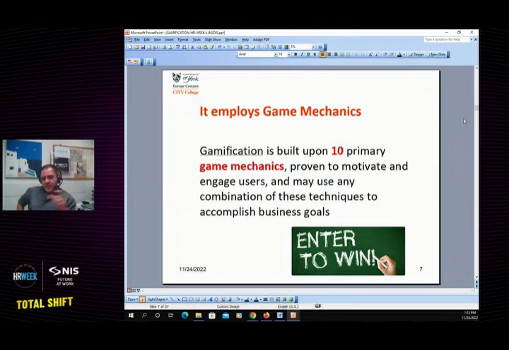Gamification is built upon 10 primary game mechanics, proven to motivate and engage users, and we may use any combination of these techniques to accomplish our business goals. It's all about entering to win something. So what are these 10 game mechanics? Let's hope that in our attempt at the workplace, we involve all these 10 game mechanics.